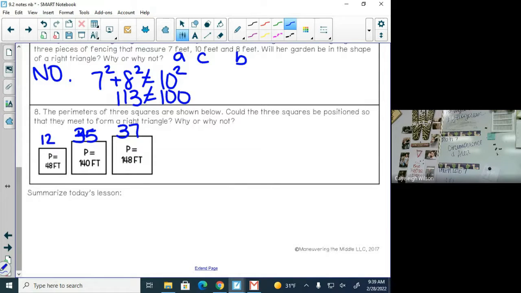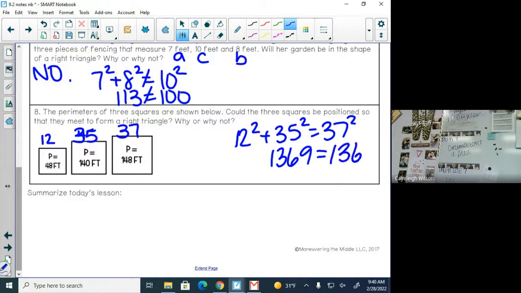No, it's not. Does it form a right triangle? Yes.